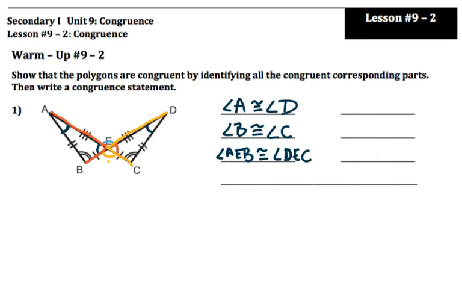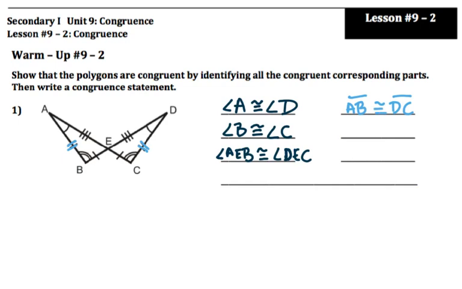Now we're going to identify the congruent corresponding sides, and in this case we're going to look at the tick marks. So first we have the side from, let's say, A to B. So segment AB has 2 tick marks, and side DC has 2 tick marks. Notice I chose D because it corresponds to A, so it'll be DC in that order.